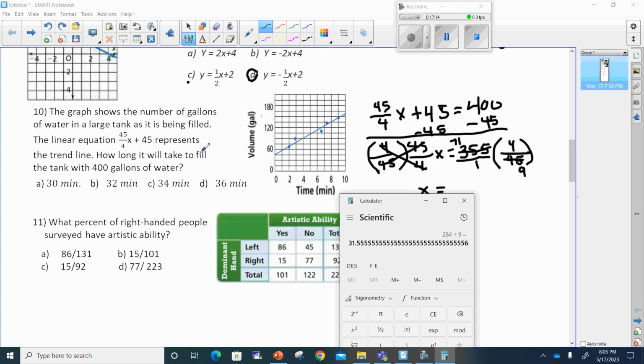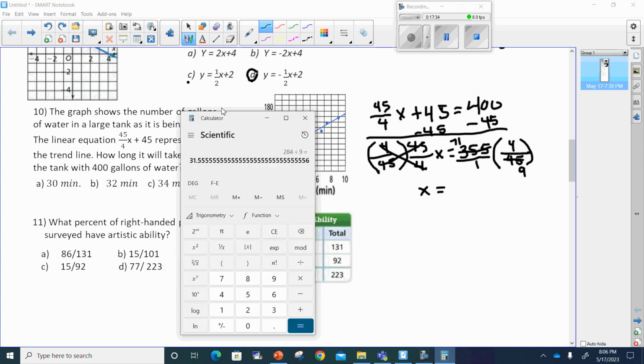How long will it take to fill the tank with 400 gallons of water? And they're talking about hours here. So I'm thinking it has to be 31 and a half hours, but it doesn't say that I'm averaging it out. I'm second guessing myself right now.